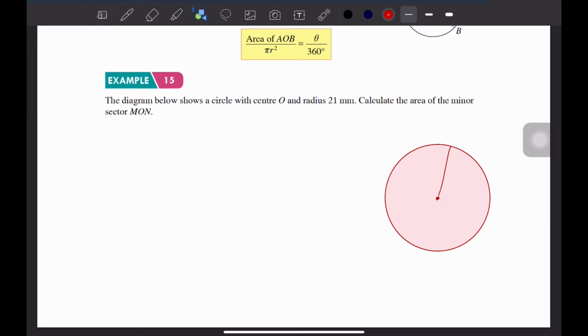This is M, this is O, this is N, the radius is 21, and this angle is 100 degrees. The question asks us to calculate the area of the minor sector MON. Minor means the smaller part.